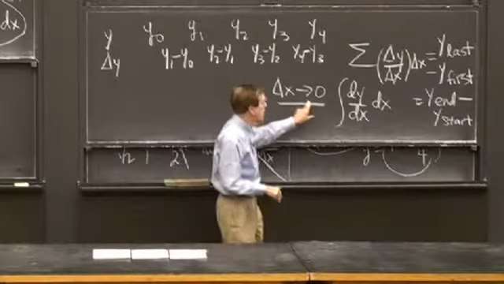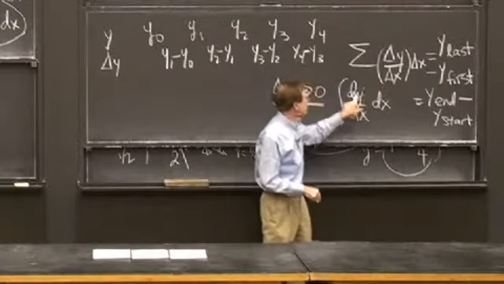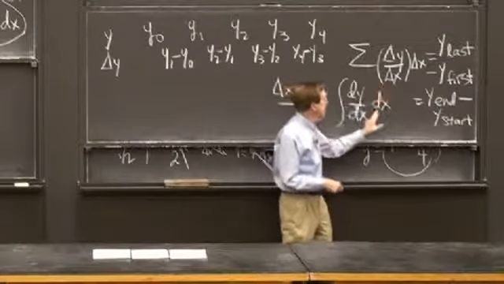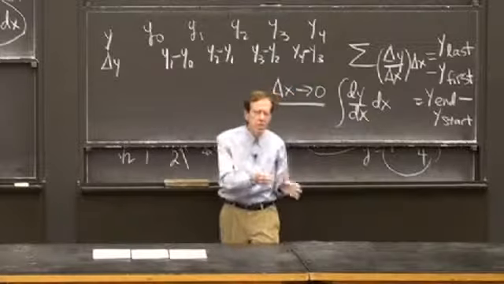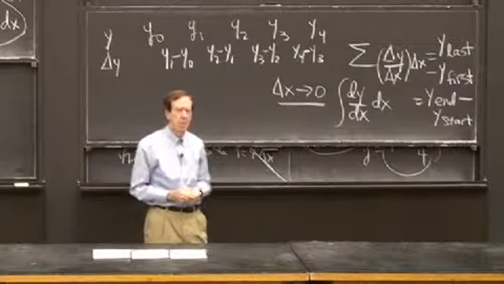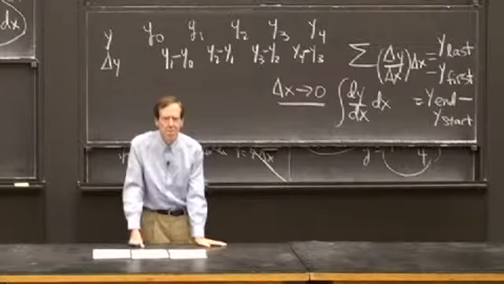Delta x going to 0, these ratios going to the actual function, and the delta x I replaced by the symbol dx indicating an infinitesimal. We'll see it more. Thank you.